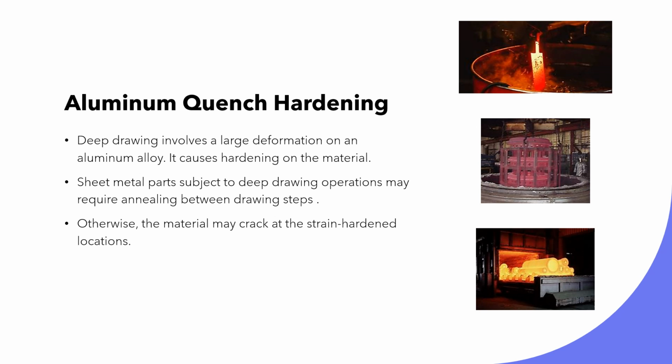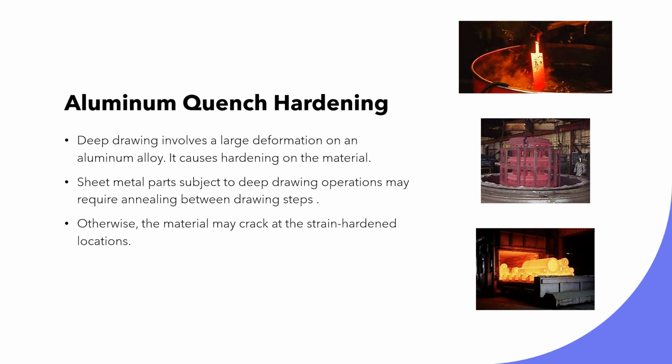Sheet metal parts subject to deep drawing operations are going to require annealing between drawing steps. Otherwise the material is going to crack at the strain hardened locations. Strain means that if you have a stretch on some of the locations on that sheet, then it's going to crack.